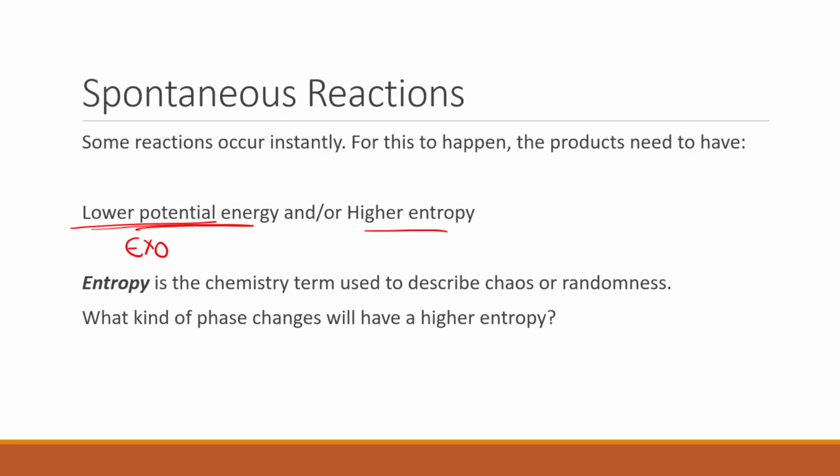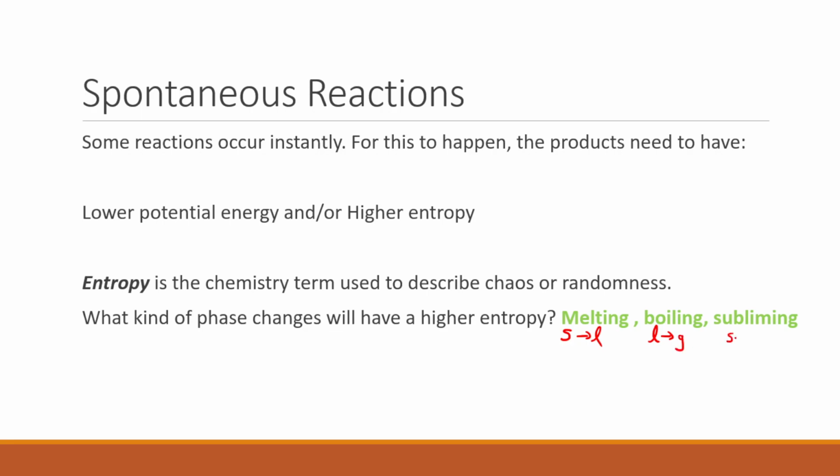Those phase changes are melting, boiling, and subliming, going from a solid to a liquid to a gas, or a solid straight to a gas. Those are the 3 phase changes that will result in higher entropy.